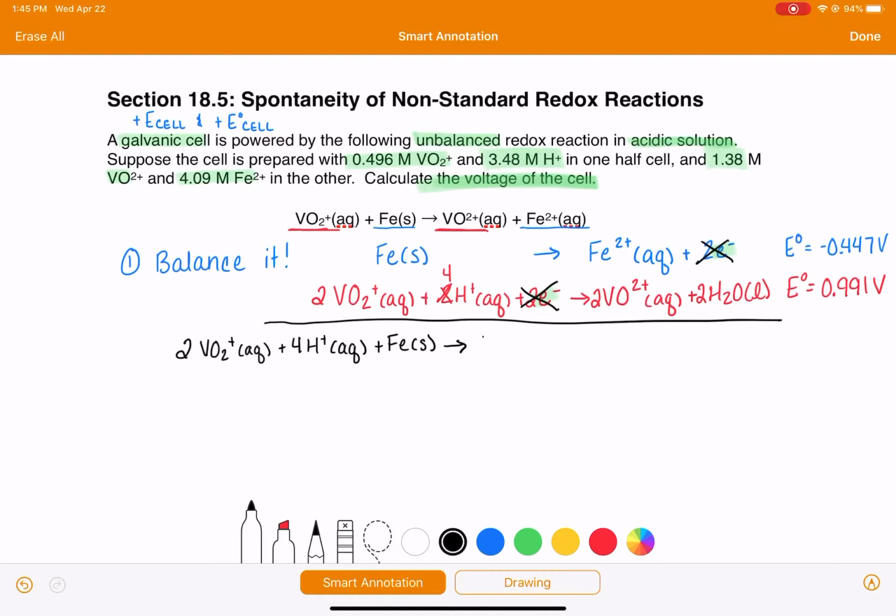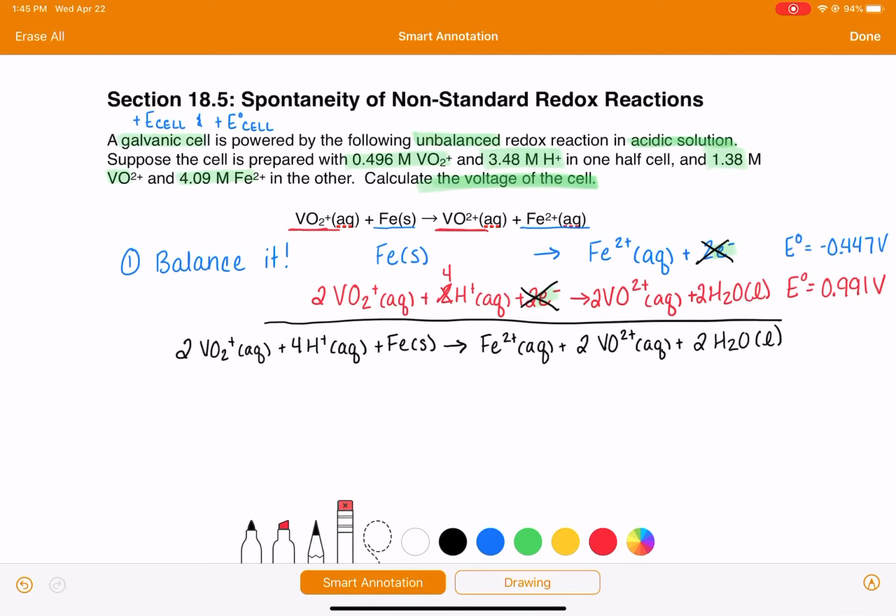And that makes Fe2+ aqueous and 2VO2+ aqueous and 2H2O liquid. And I hope you don't hate me for making you learn how to balance redox reactions when you can just look them up in a table. They're not always in the table, so you do still need to know how to do it.